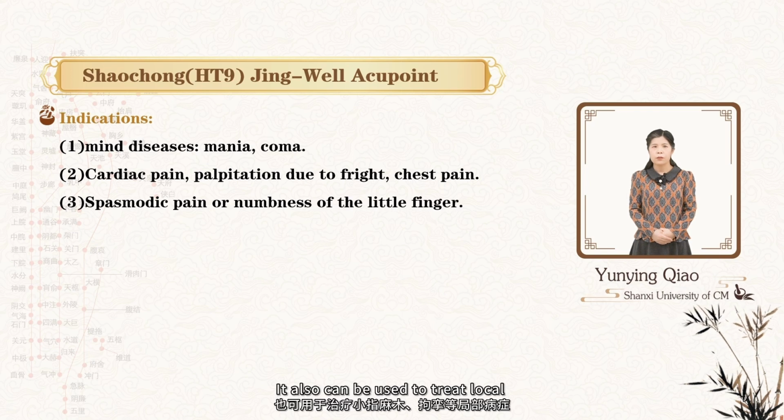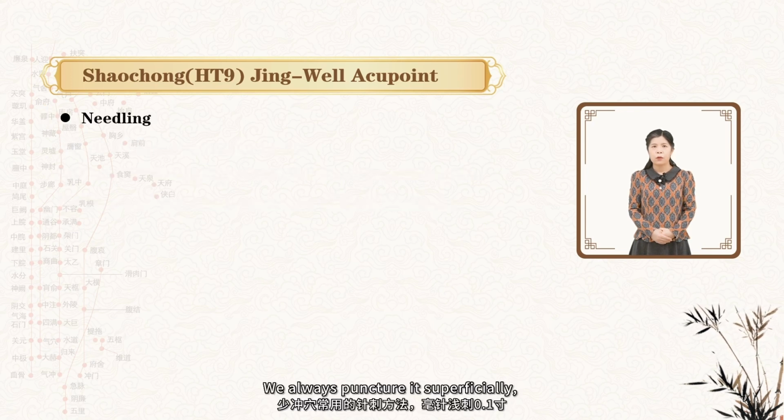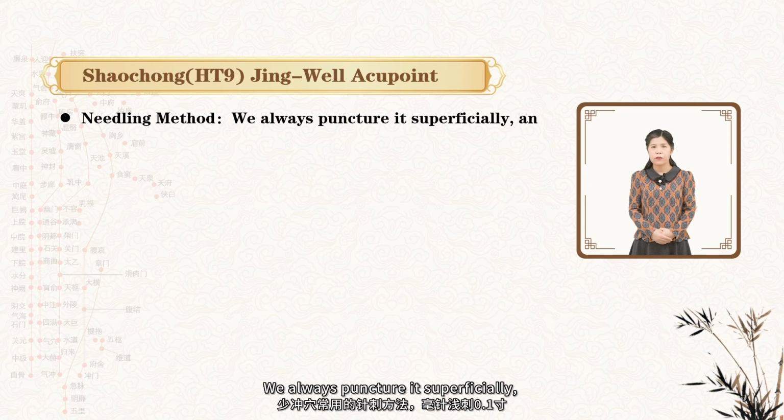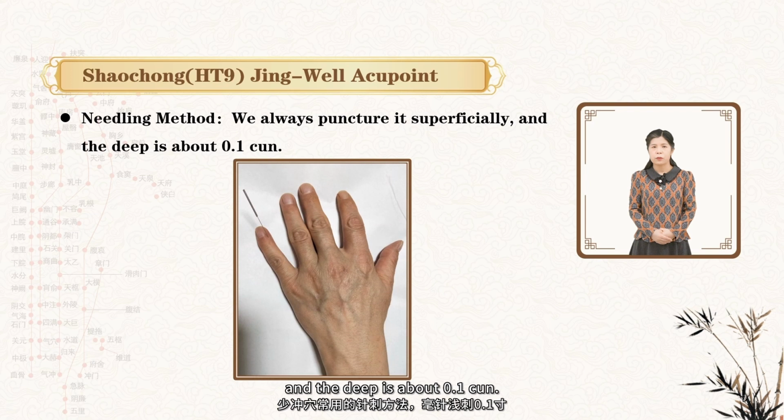It also can be used to treat local problems, such as spasmodic pain or numbness of the little finger. We always puncture it superficially, and the depth is about 0.1 cun.